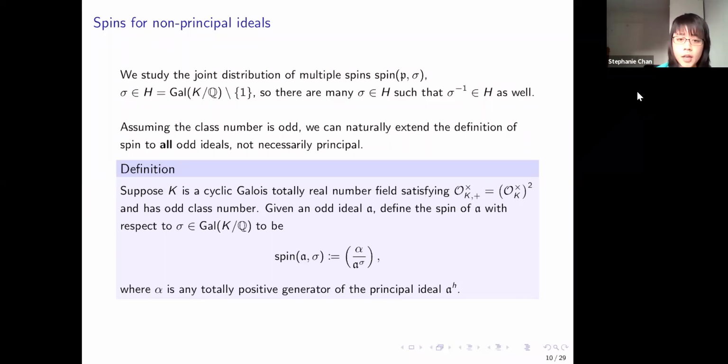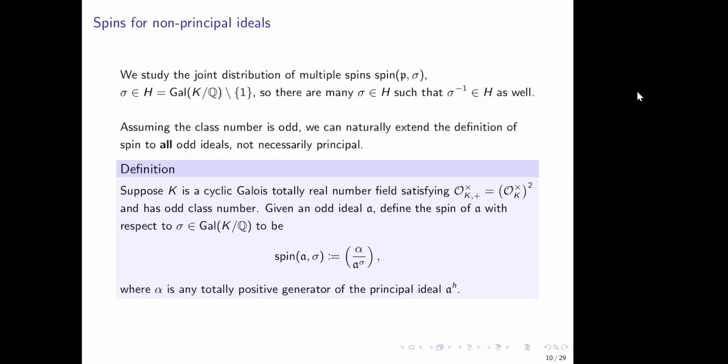Because if the class number is even, then we have a square ideal, and that's bad for a quadratic residue symbol, right? So we have to assume that the class number is odd, but we no longer assume that the ideal is principal.